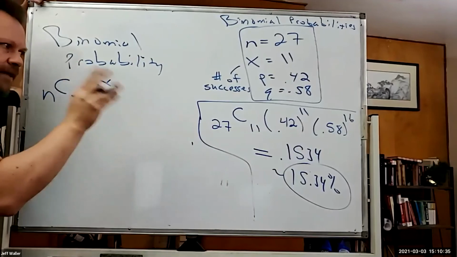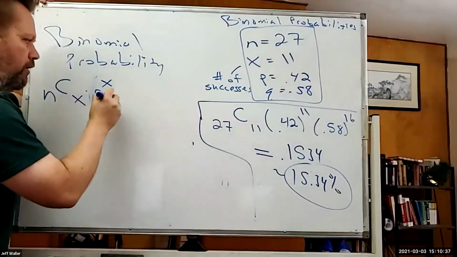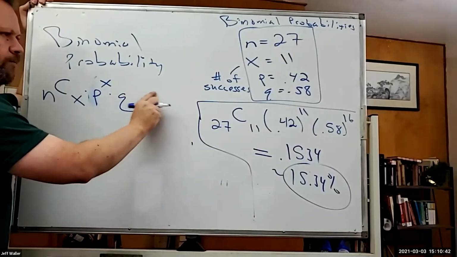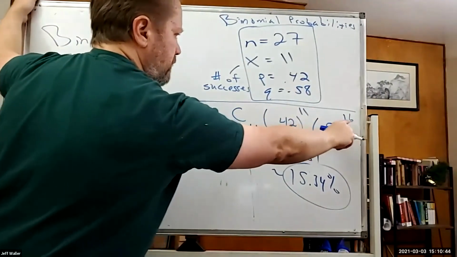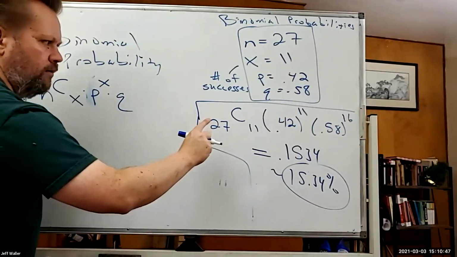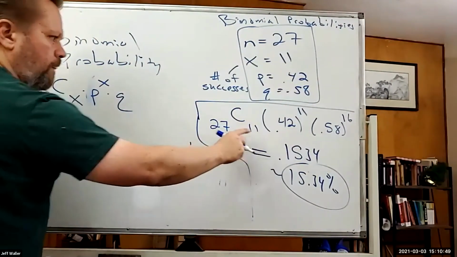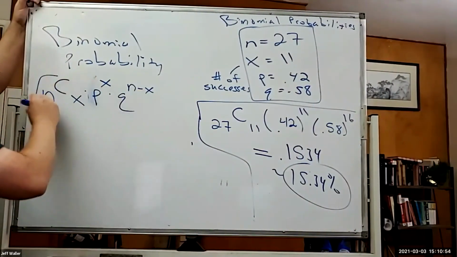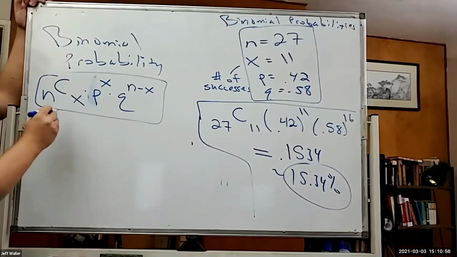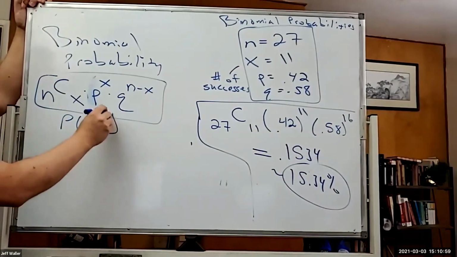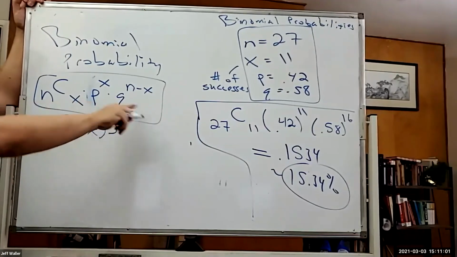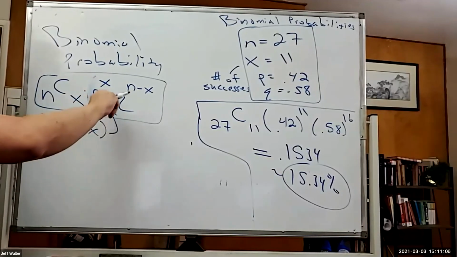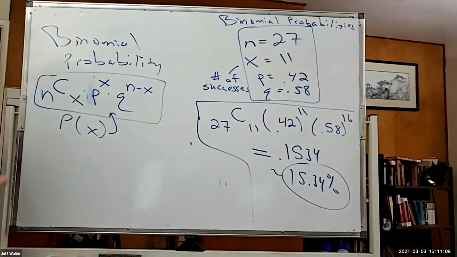Now here's where the formula gets harder than the actual work. What do I put up here for the Q? How did you get 16? What did you do exactly? You subtracted from 27. You did n minus x. There you go. So that's the probability of X successes. This is the formula for it. So if you can identify N, X, P, Q, you got it.